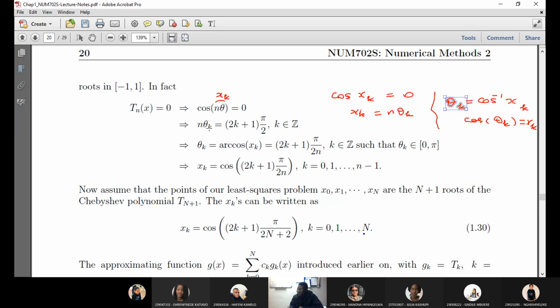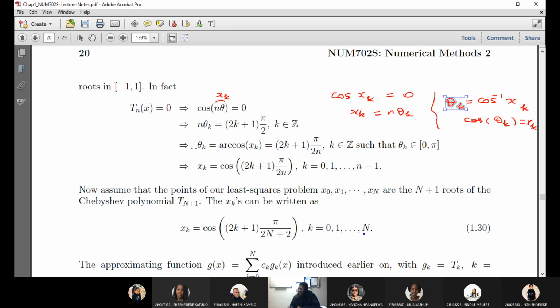Okay, so we have this, so we divide. If we divide this by n, we can take that n in the denominator, so that's what we have here. And this is theta. And what is theta? Theta, as we wrote here, is cosine inverse xk.